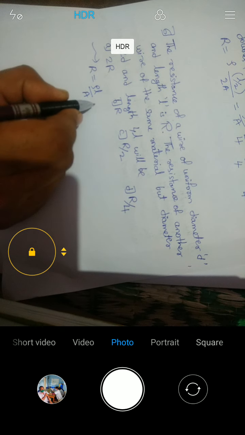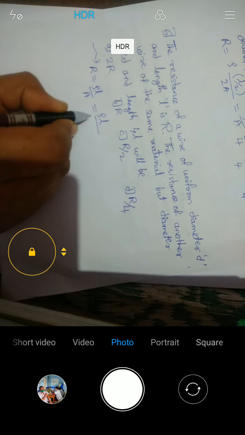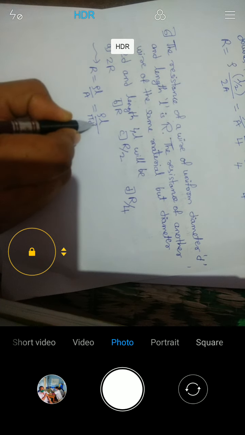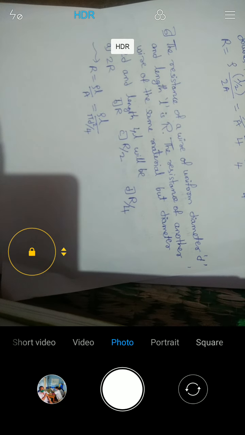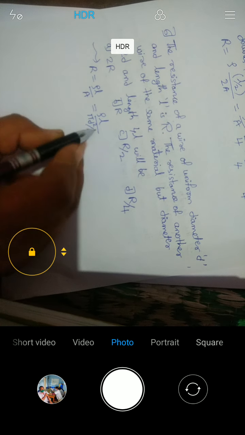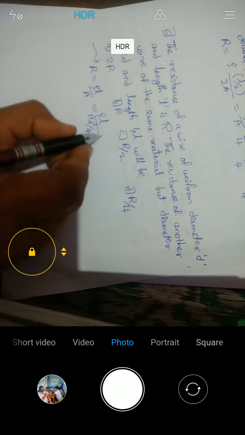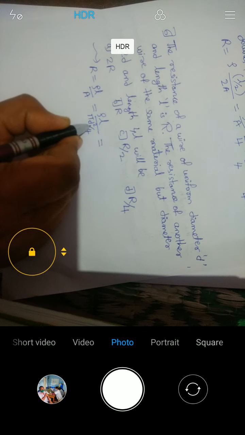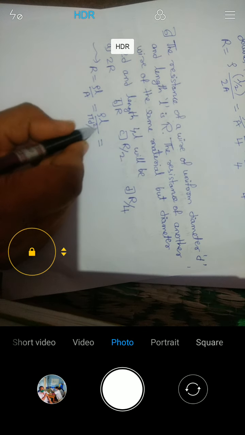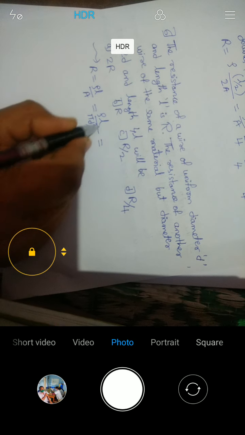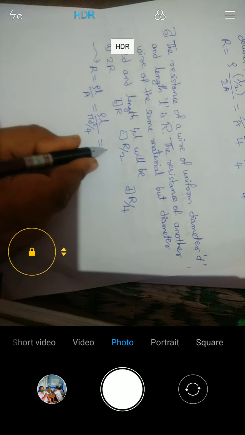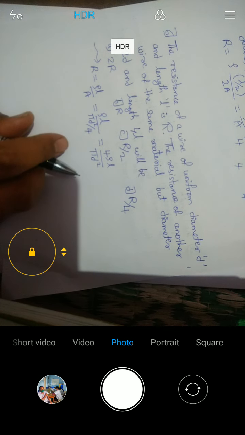So the area value is pi d square by 4, the area of that resistance wire. Rewriting this equation, the 4 in the denominator goes to the numerator, that is 4 rho L divided by pi d square.